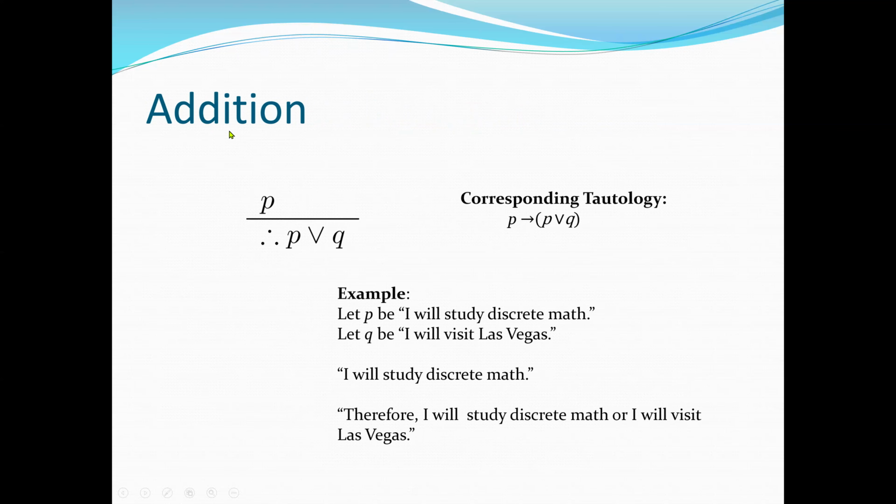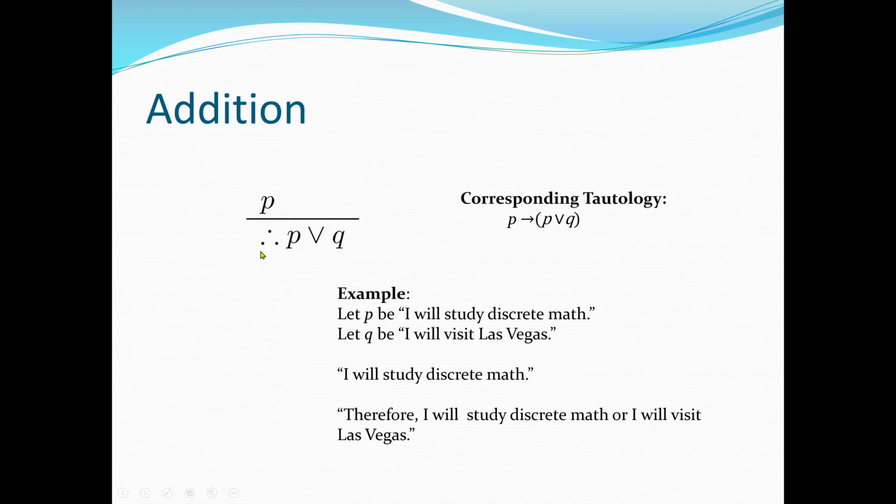So this is again the addition rule. Addition we say is P, therefore P or Q. So P always implies P or Q. So an example will be, let P be, I will study discrete mathematics. Let Q be, I will visit Las Vegas. So if I will study discrete mathematics, then I will study discrete mathematics or I will visit Las Vegas.